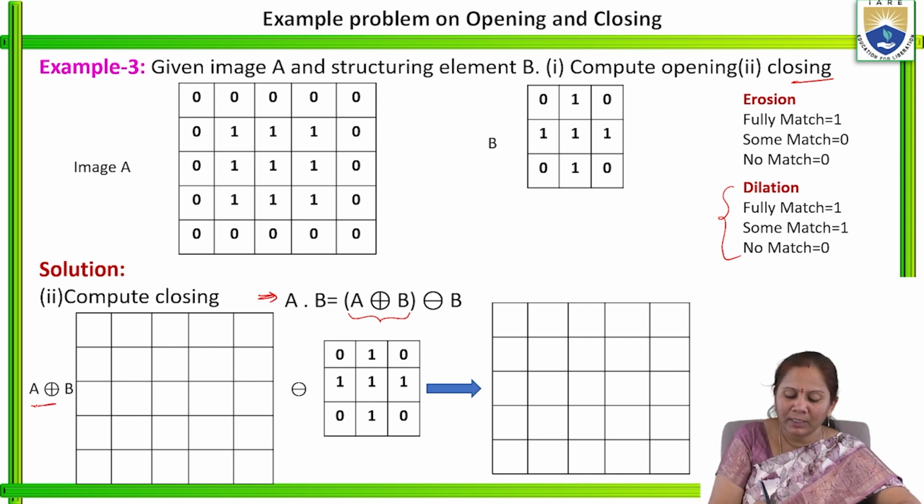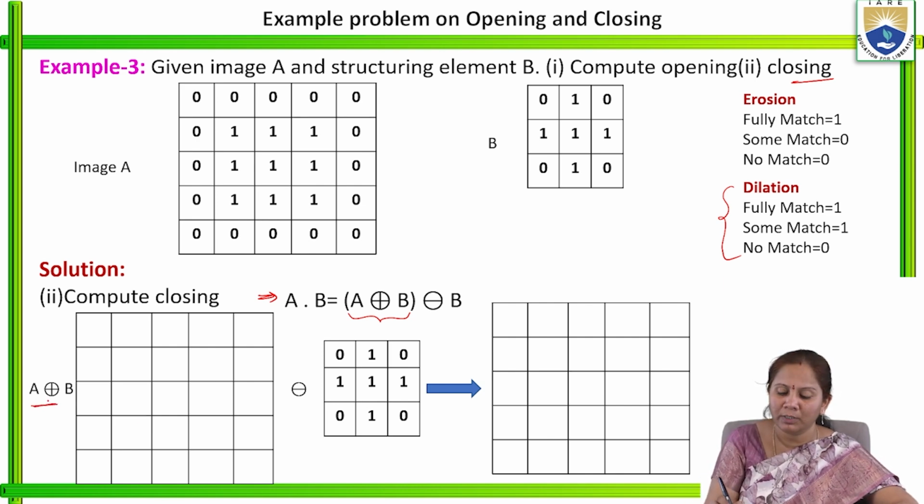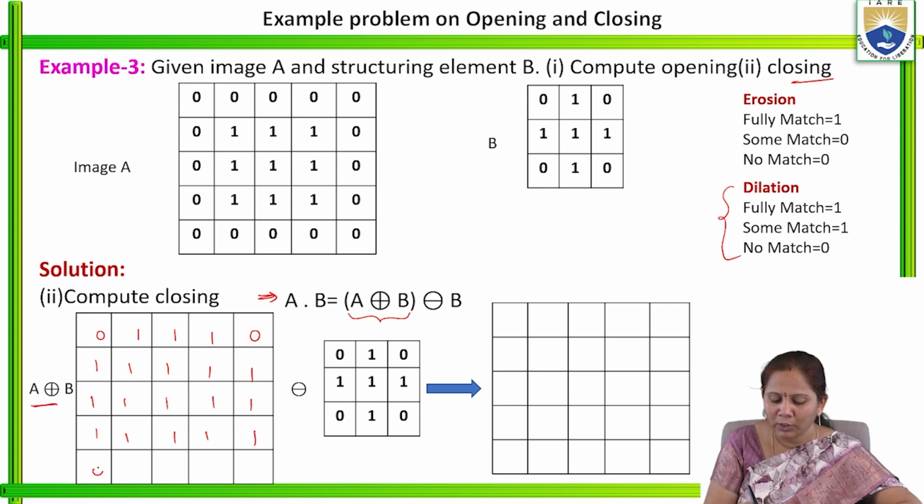Now if we apply this dilation operation between A and B, let us see what are the elements that are available. So the output elements will be 0, 1, 1, 1, 0, and here all ones, 0, 1, 1, 1, 0.